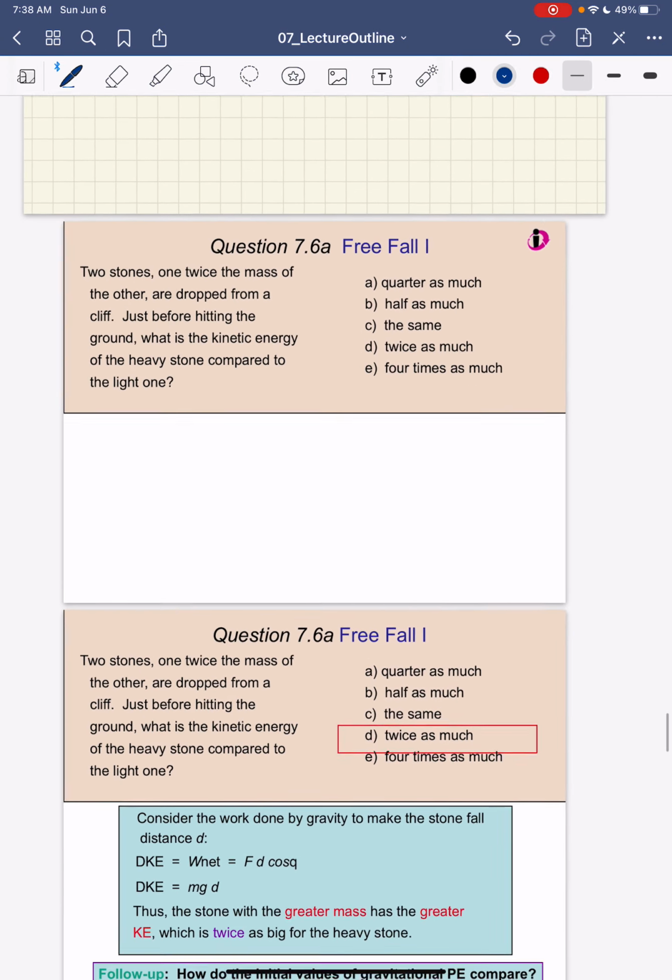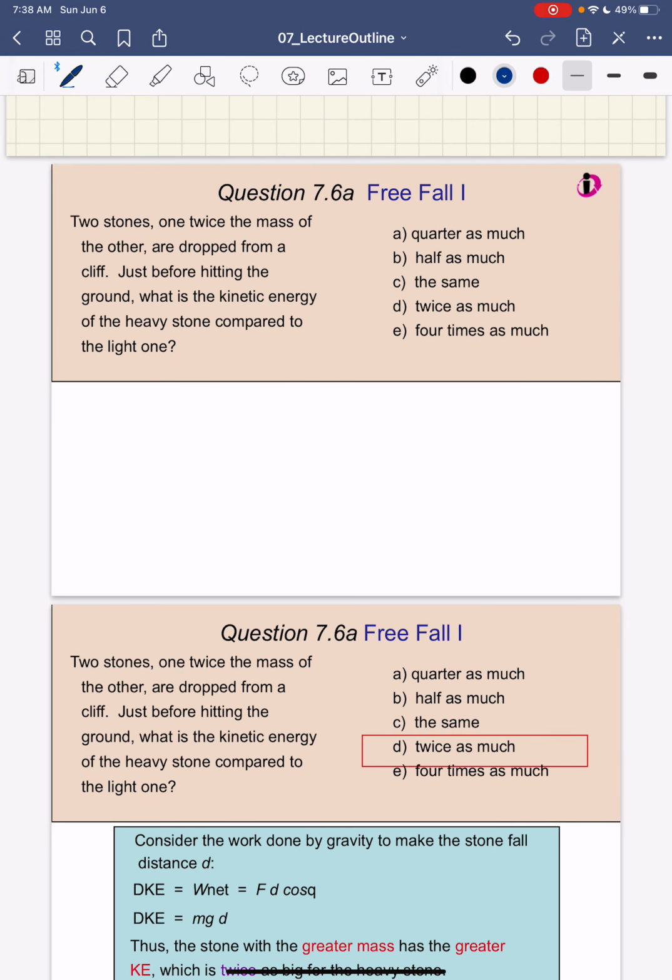Okay, here we are just applying the work idea to free fall. Two stones, one twice the mass of the other, are dropped from a cliff. Just before hitting the ground, what is the kinetic energy of the heavy stone compared to the light one?